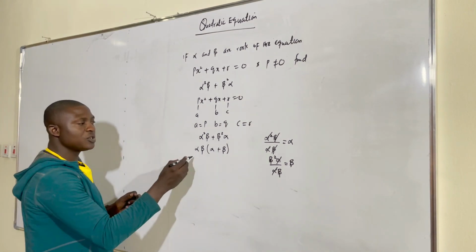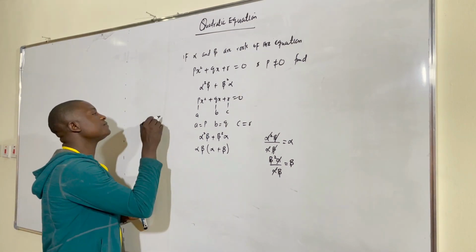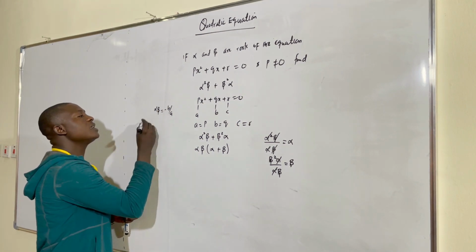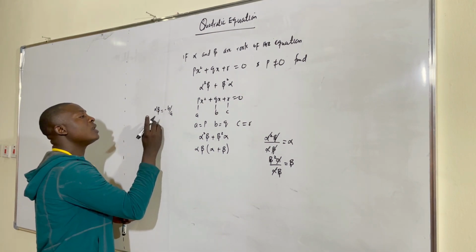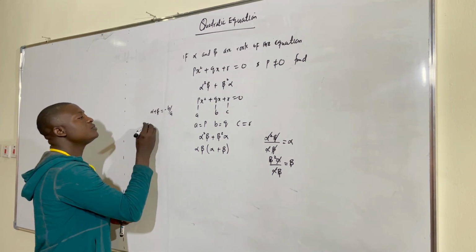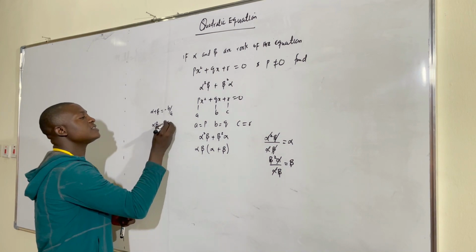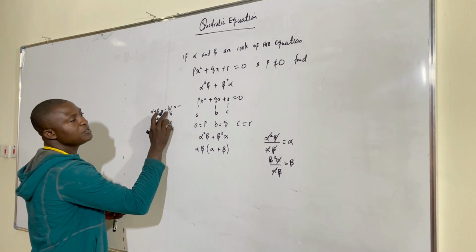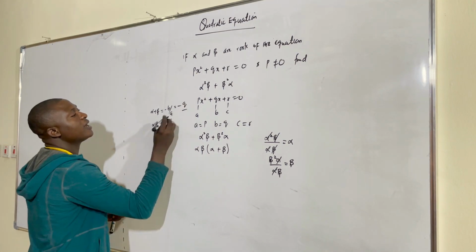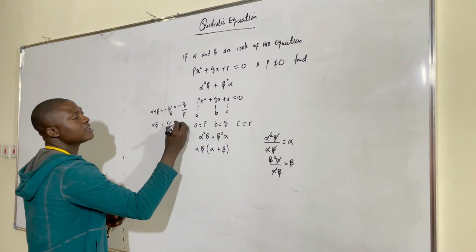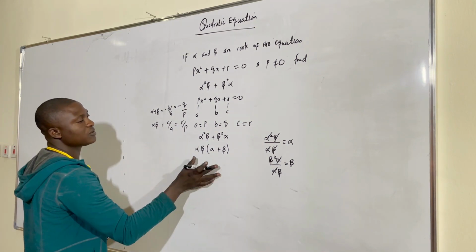Now, recall that alpha plus beta is nothing but minus b over a, and alpha beta is c over a. So from here, I can find them out. My b is q here, and my a is p, right? So here too, my c is r, and my a is p. Let's just substitute the two values.